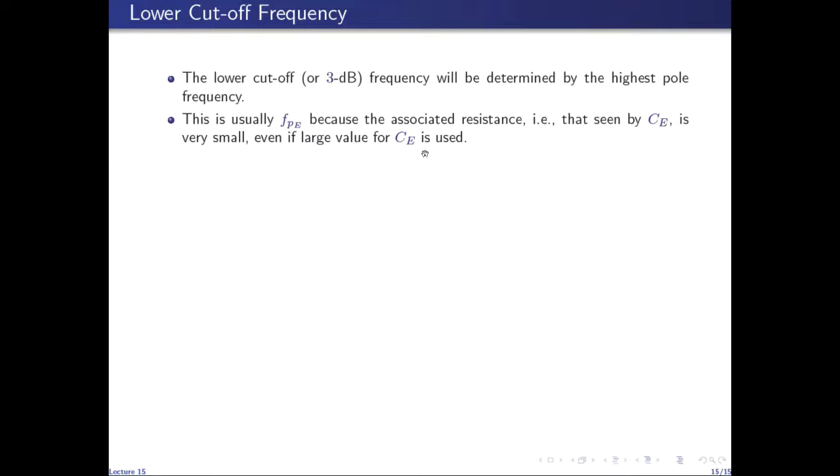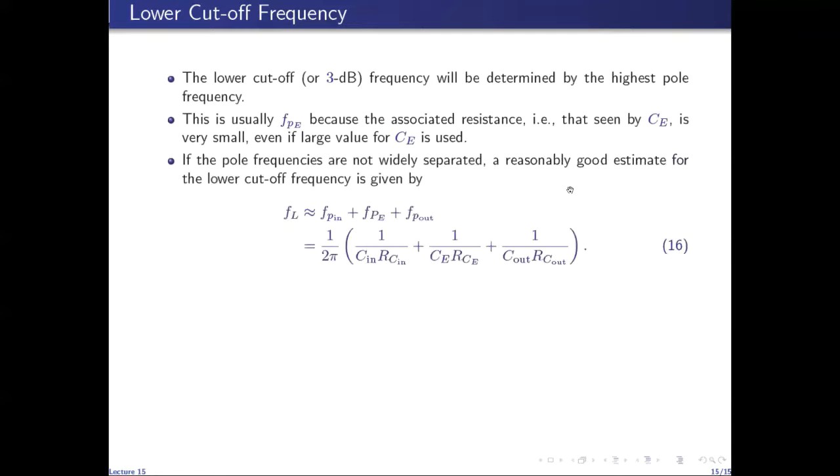Even if we use a large value of capacitance for CE, the time constant is still small, and the corresponding pole frequency still dominates the other pole frequencies. If the pole frequencies are not widely separated, that is, if they are close together, then a reasonably good estimate for the lower cutoff frequency is obtained by summing up all the pole frequencies like this.